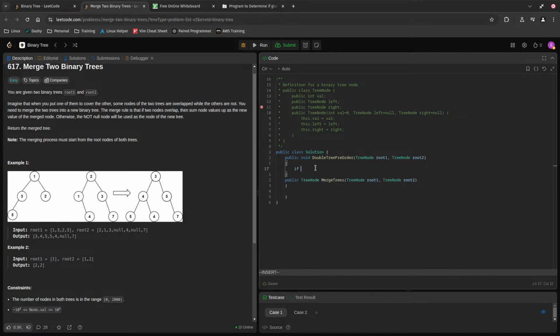Then if root 1 is equal to null and root 2 is equal to null, return.